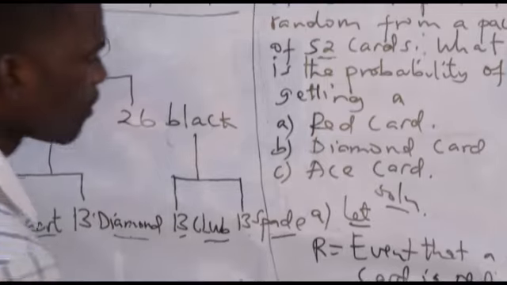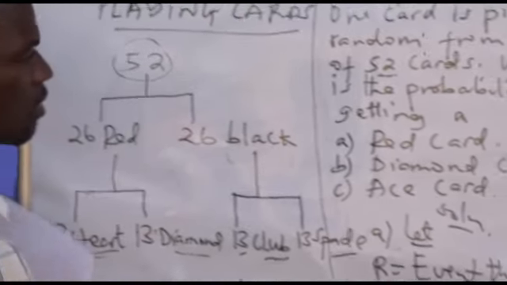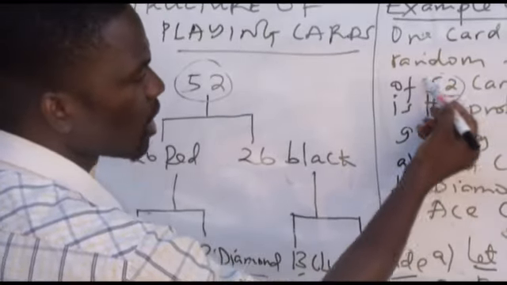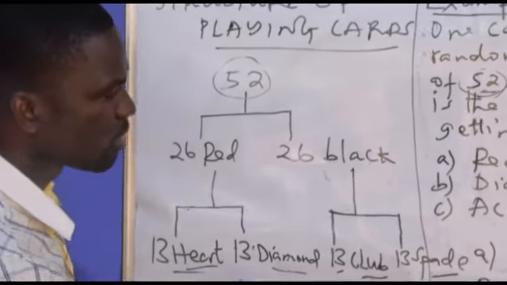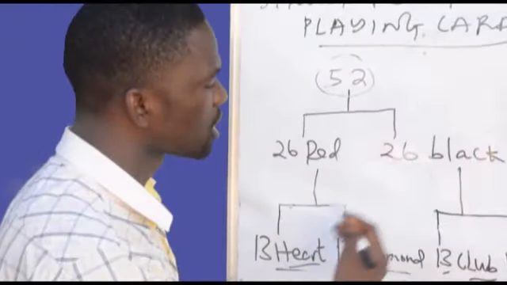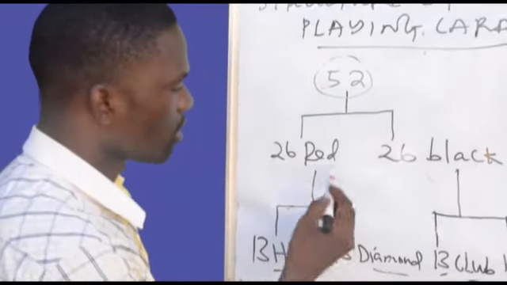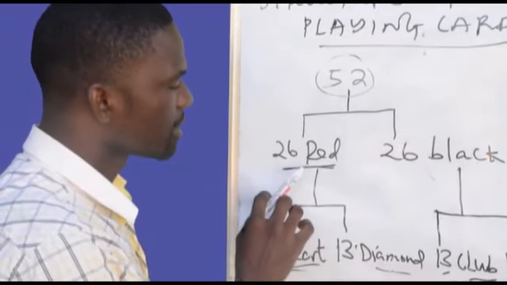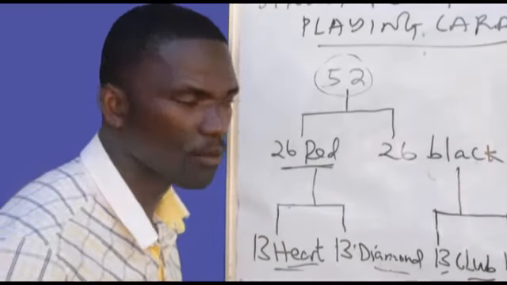So from here, we want to know how many red cards are in a pack of 52 cards. With this tree diagram, with this structure, you can see how many red cards there are. There are 26 red cards out of 52 available.